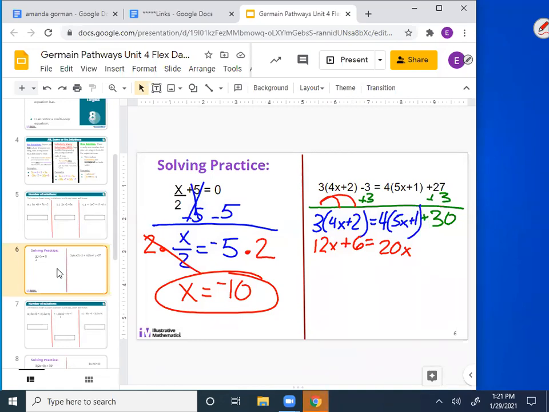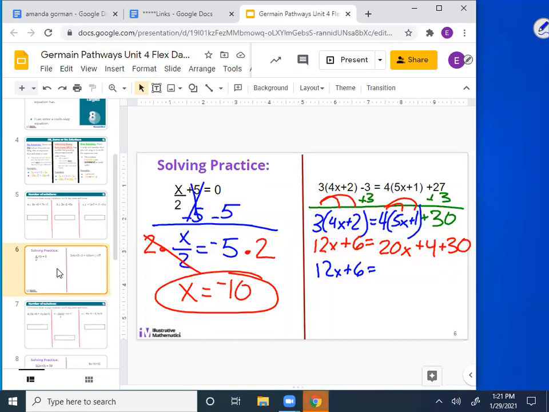Plus 4 times 1, so plus 4, plus 30. Okay. So on my left side, I have 12x plus 6 is equal to 20x plus what?